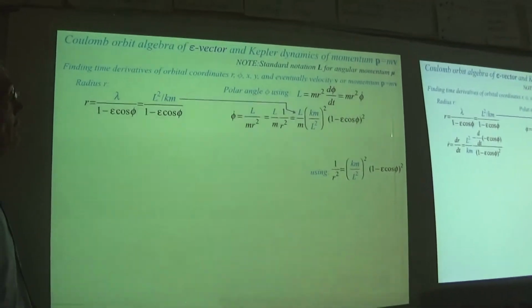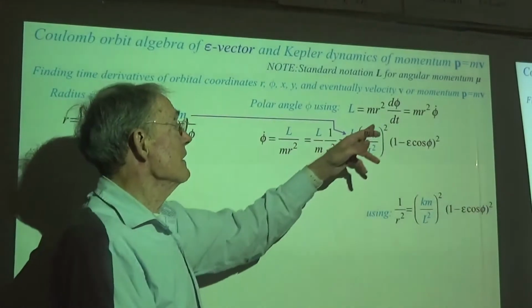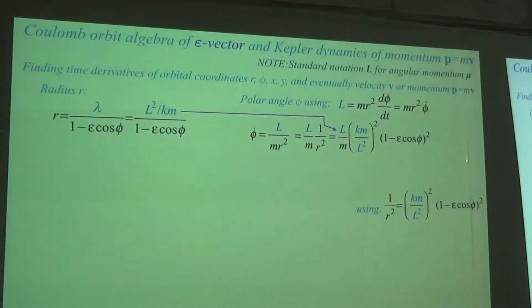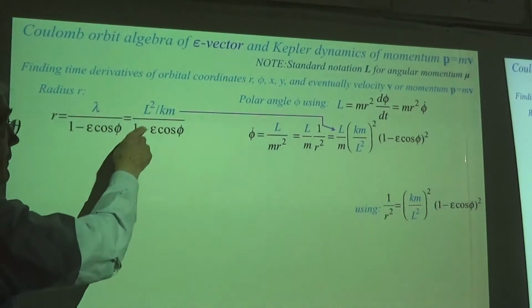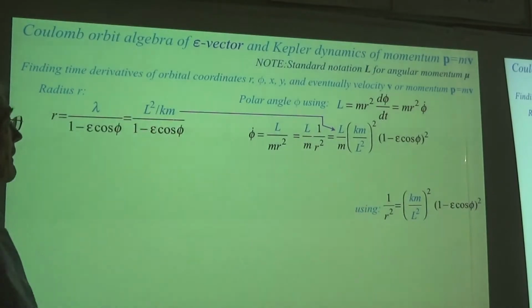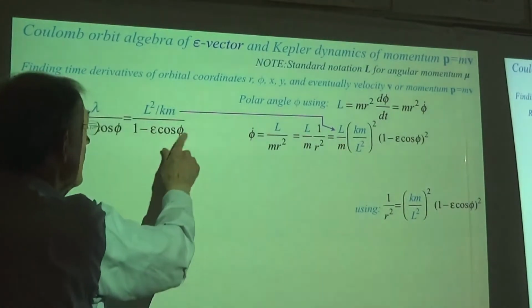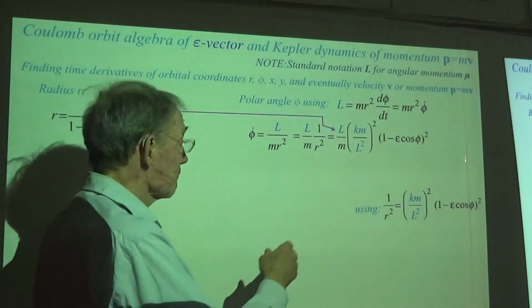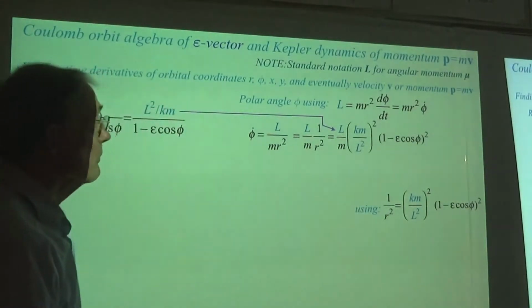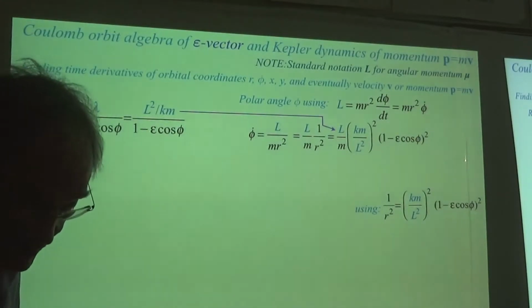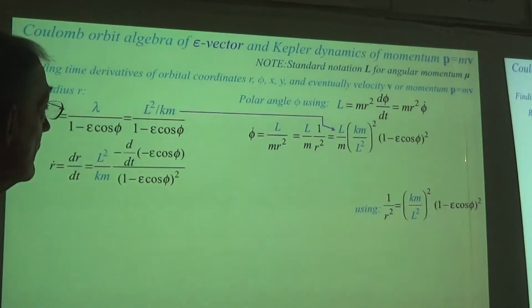In any case, here's the phi dot that comes from this, and then I take the 1 over r squared, I take 1 over this guy right here, so it turns into km over L squared, and the 1 minus cosine comes up in the numerator. So we need the phi dot in order to get x dot and y dot, basically.